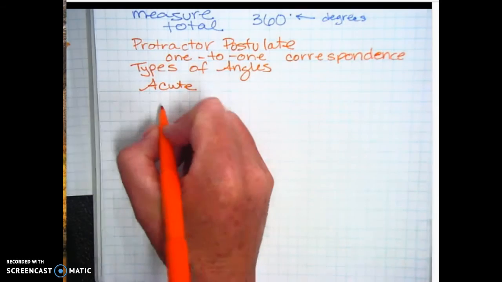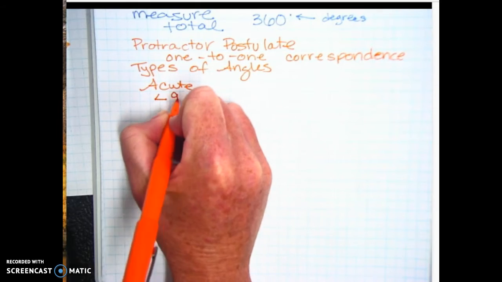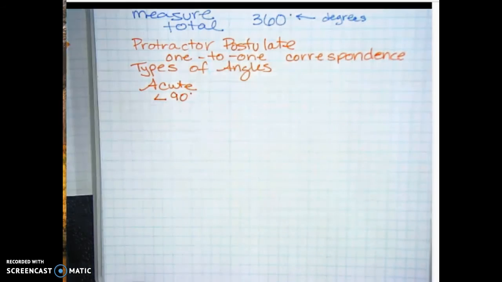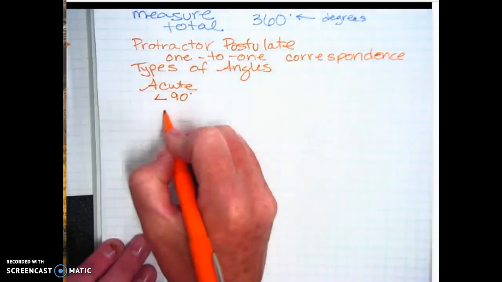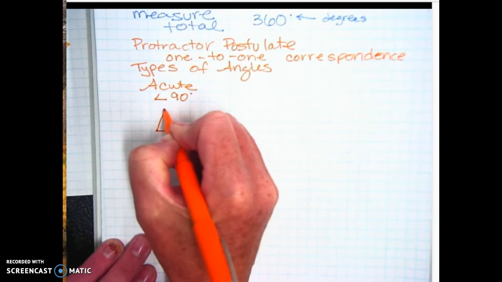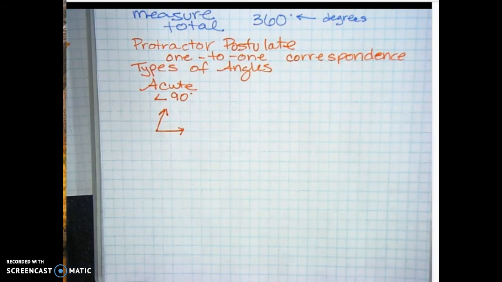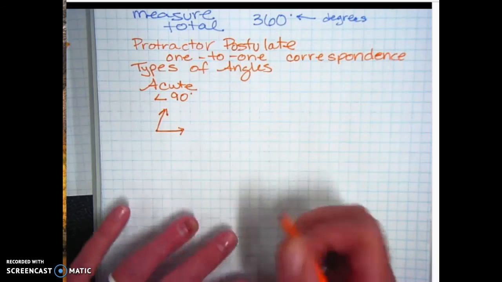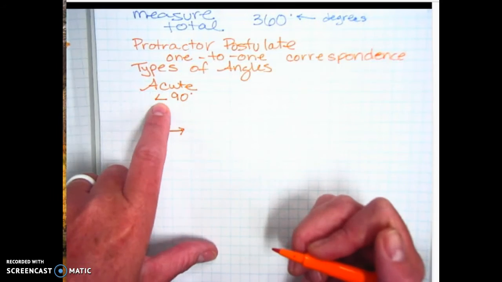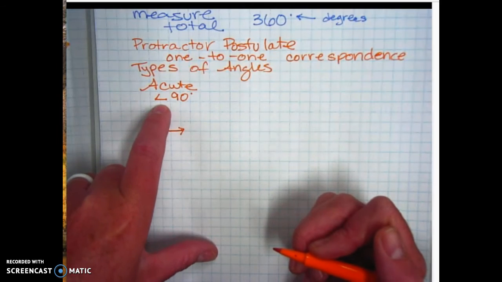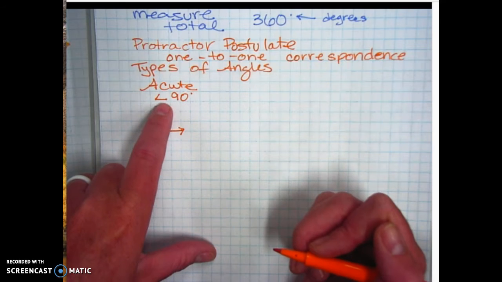Below 90, we'll say less than 90 degrees, okay? So you might have something in this range. 45 would be included in that, but there are a lot of other angle measures that are included in less than 90 degrees.